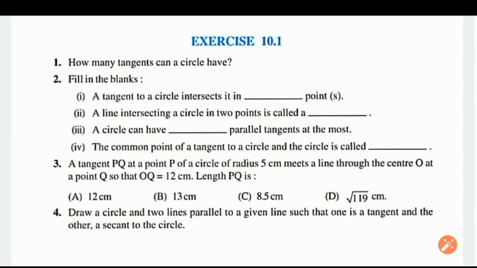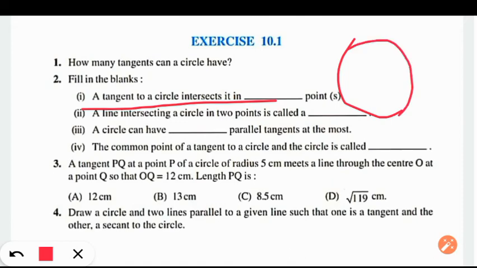In number 2, we have fill in the blanks. A tangent to a circle intersects it in how many points? If we have a circle and a line which we call a tangent, our tangent touches the circle at how many points?